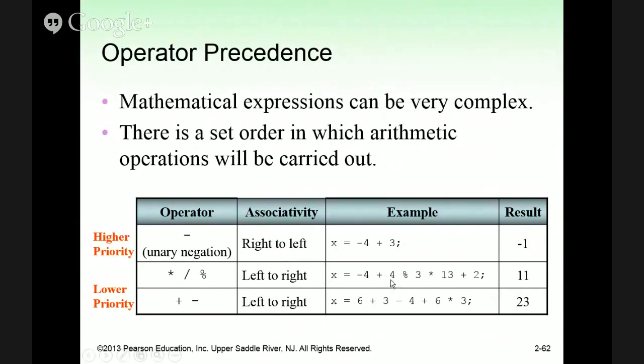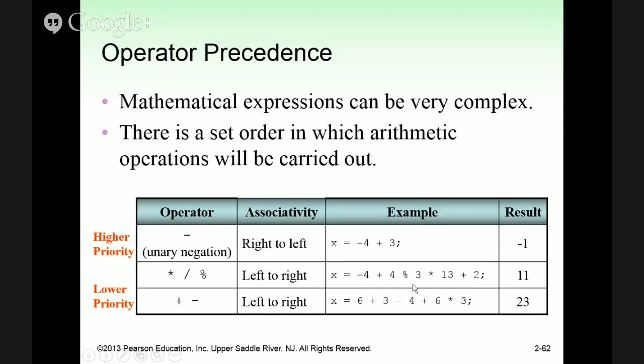So we first do 4 modulus 3. What's 4 modulus 3? 1, that's correct. In other words, if we take 4 and divide it by 3, the remainder of that division would be 1. So 4 modulus 3 is 1.